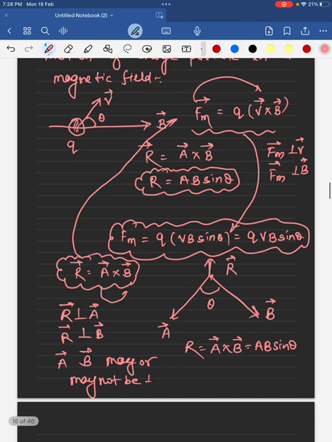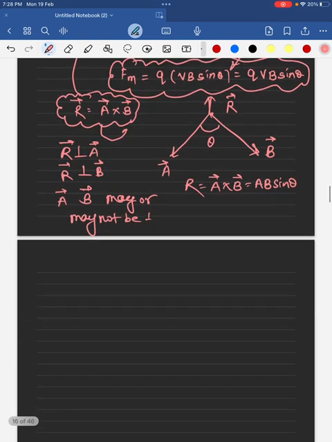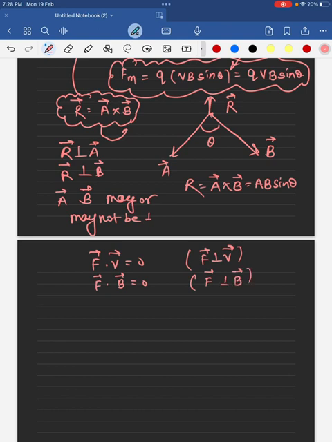So we simply write F vector dot v vector equals 0, or F vector dot B vector equals 0. The reason is that the F vector is perpendicular to the v vector and to the B vector, and if two vectors are perpendicular, their dot product is 0.